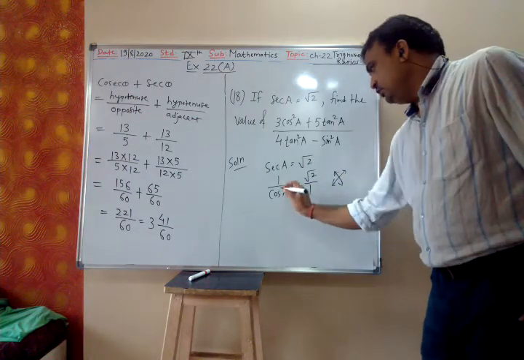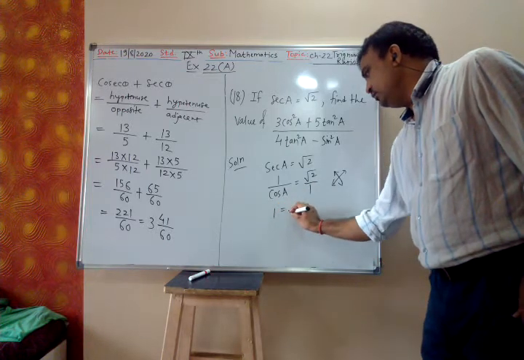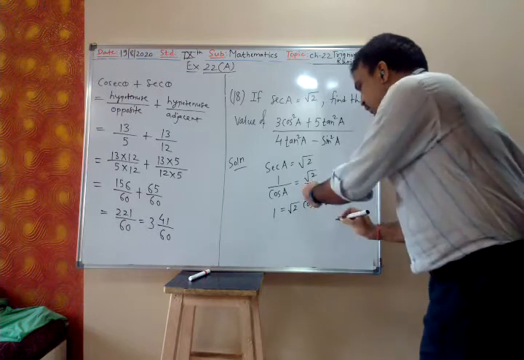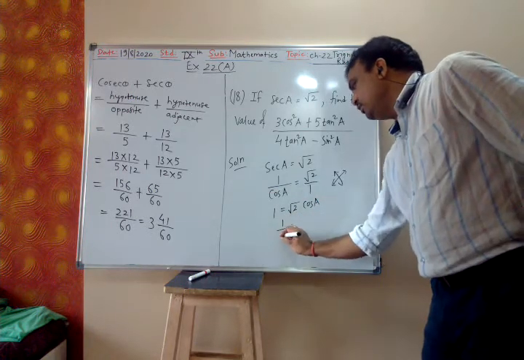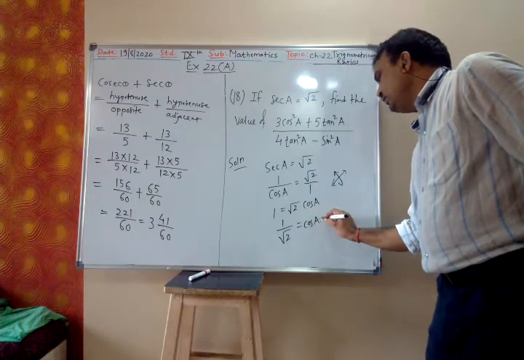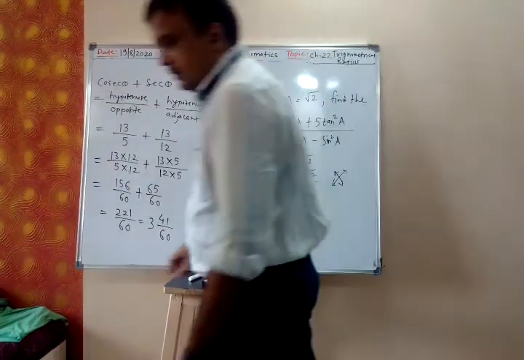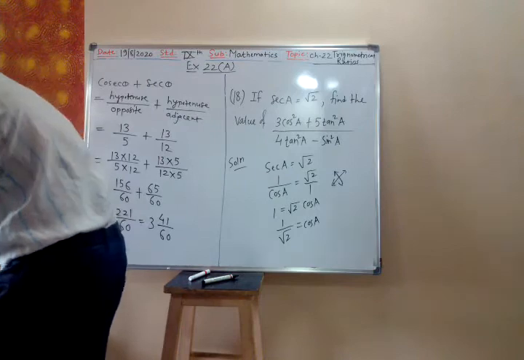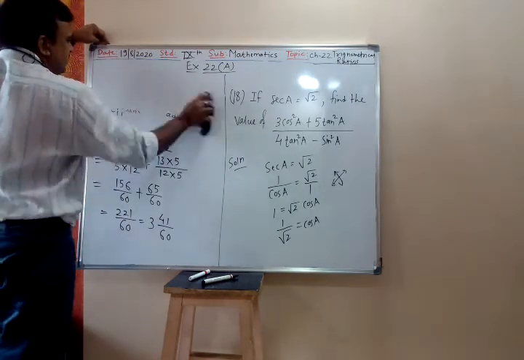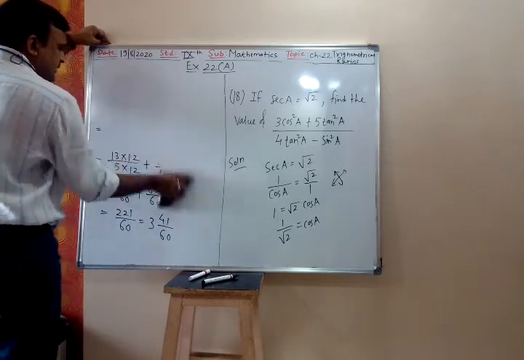So you will get 1 into 1, 1 is equal to root 2 cos A. Now root 2 I will take in the denominator. 1 upon root 2 is cos A. So we write cos A is equal to 1 upon root 2.